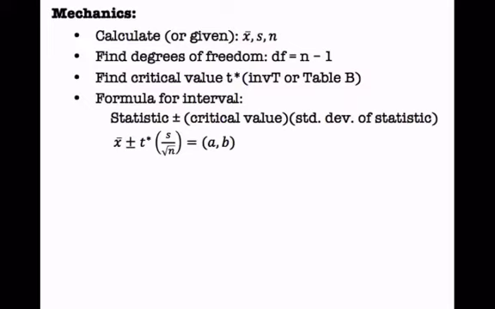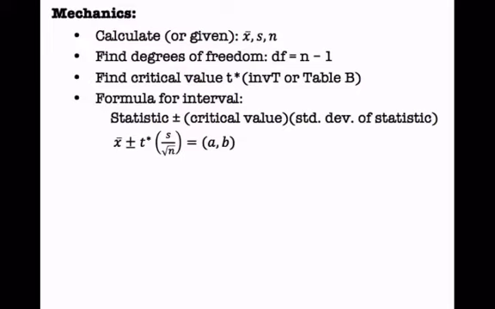We're going to find that critical value, which in this case is t star, which we can either do by using inverse t on the calculator, or we can use table B, which is on a separate sheet. And then we're going to calculate the interval. So the formula is the same. It's your statistic plus or minus your critical value times the standard deviation of the statistic.